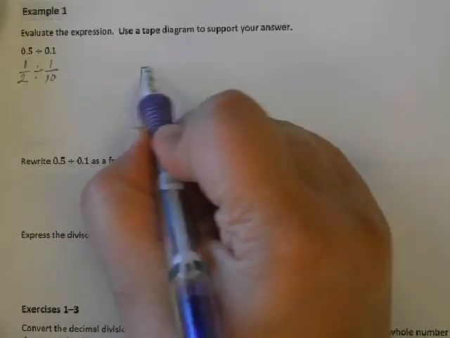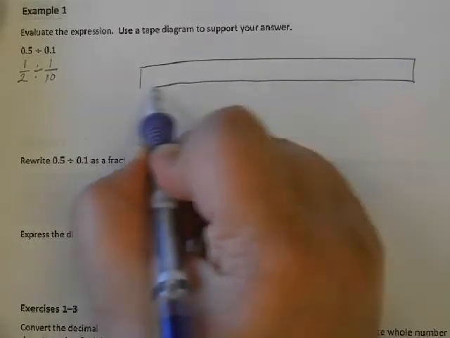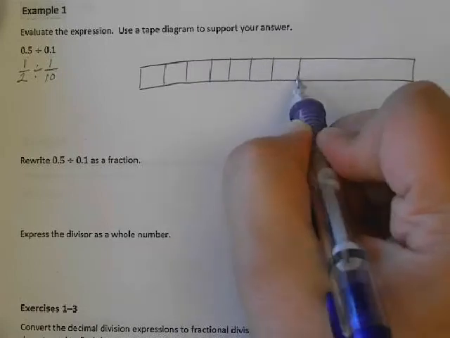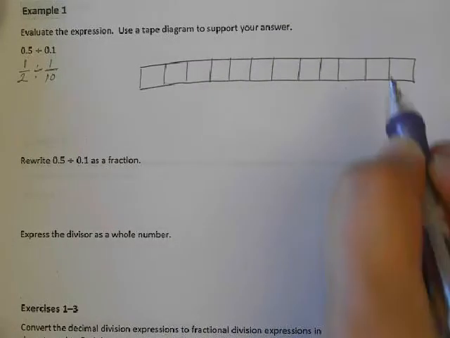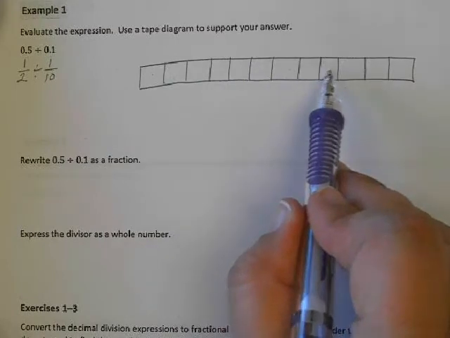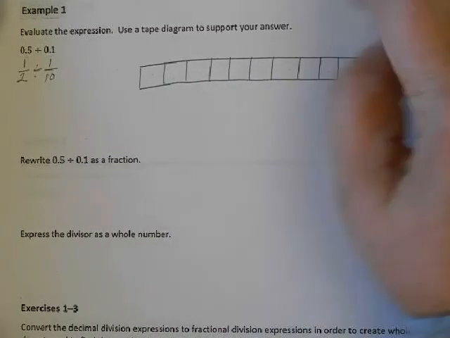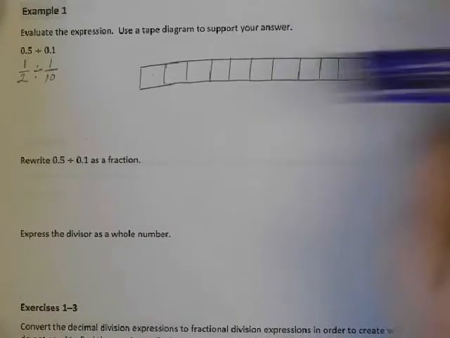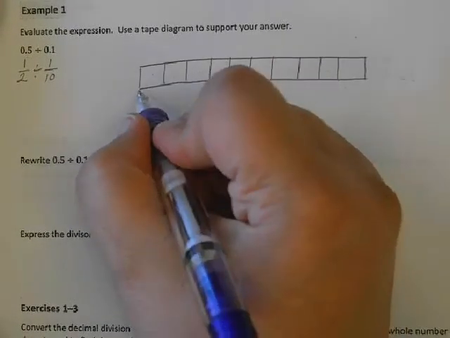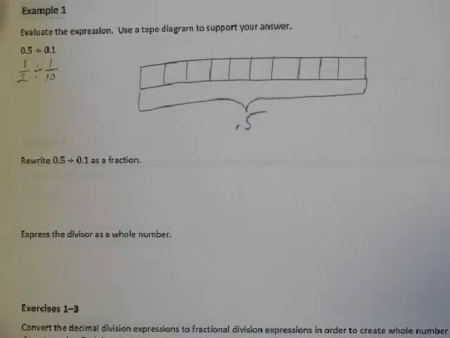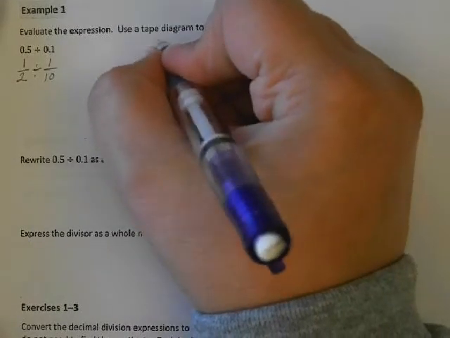If I were to make my tape diagram, that's my part I don't know. 1, 2, 3, 4, 5, 6, 7, 8, 9, 10, 11. Whoops, I made too many. And this time, all of this equals that 0.5, which is half, plus this equals that 0.5.